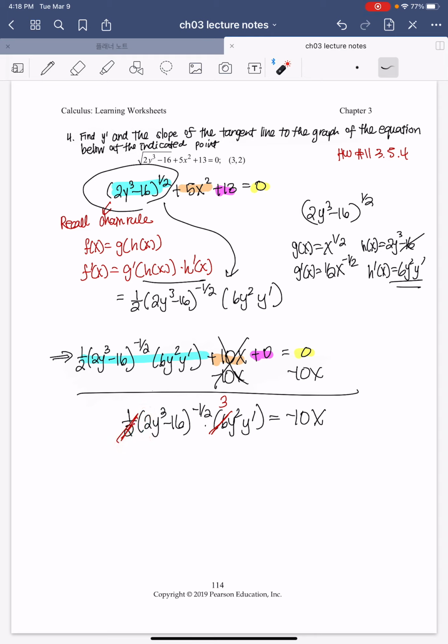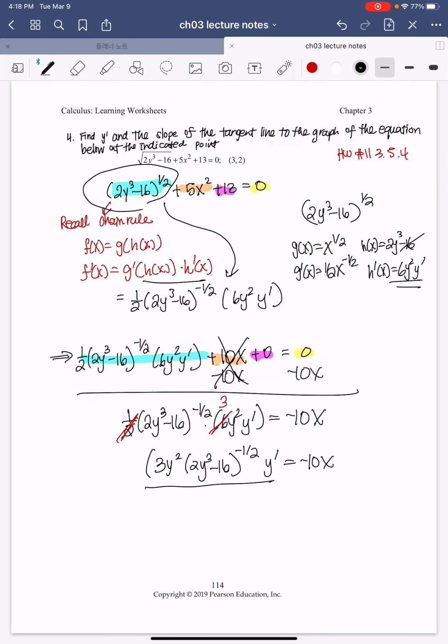So I have 3y squared times (2y cubed minus 16) to the negative half times y prime equals negative 10x. I did some arrangement so it's easier to see what to divide.